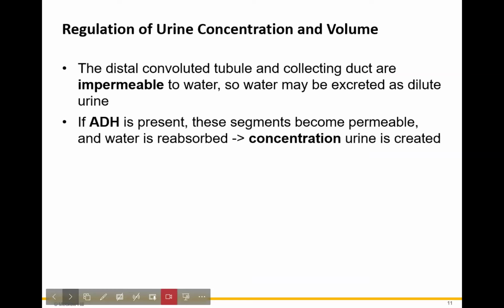But if anti-diuretic hormone, ADH, is present, and the way I remember this is, if you take a diuretic, it makes you urinate, it makes you pee more. So anti-diuretic makes you pee less. What this does is it makes these segments permeable to water. Water is reabsorbed, and then your urine is going to become more concentrated. We'll get to the mechanism of this shortly.